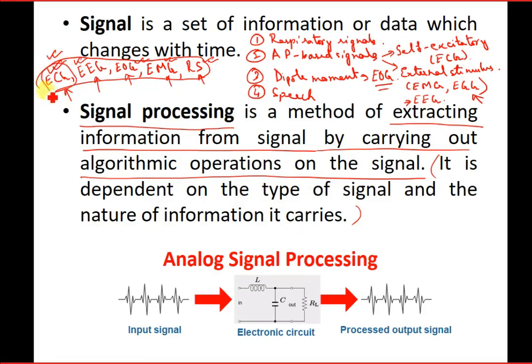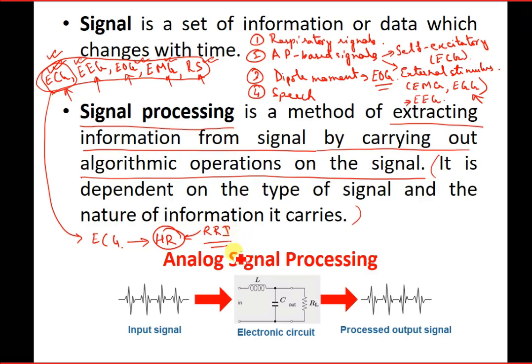Let us take the example of the ECG here. From the ECG we can find out the heart rate of a person. For finding out the heart rate of a person, I may be interested in finding out the RR interval of the ECG signals.